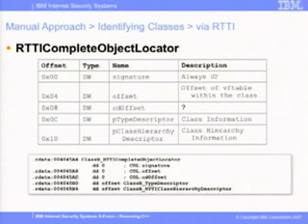This is the data structure of the RTTI complete object locator. At offset C, it contains the type descriptor, which contains the information about the class, and the offset hex 10 will contain the class hierarchy information. So that is what it looks like in assembly.